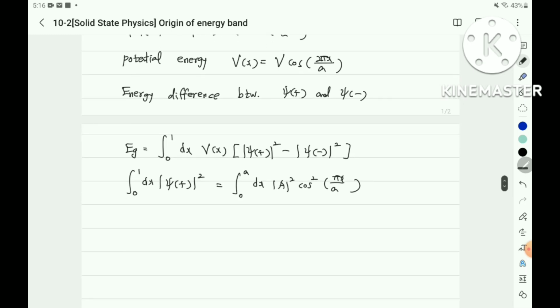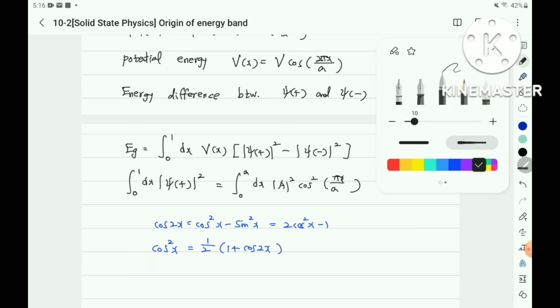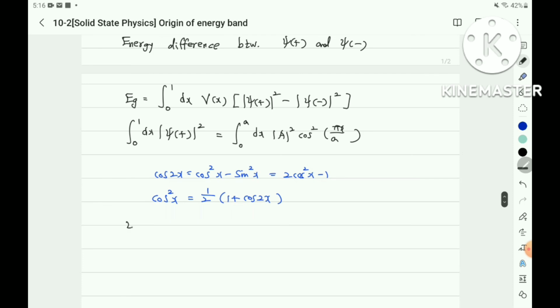Then we know the cosine formula, that cosine 2x equals cosine squared x minus sine squared x, which equals 2 cosine squared x minus 1. Therefore, cosine squared x is one half of 1 plus cosine 2x. When we use this formula, the above integral is a squared over 2 times the integral from 0 to a dx of 1 plus cosine 2 pi x over a.